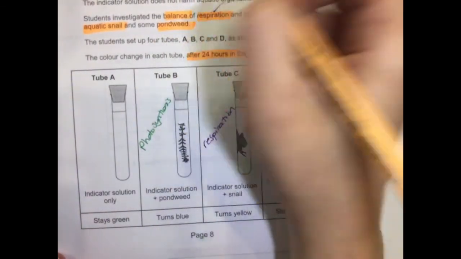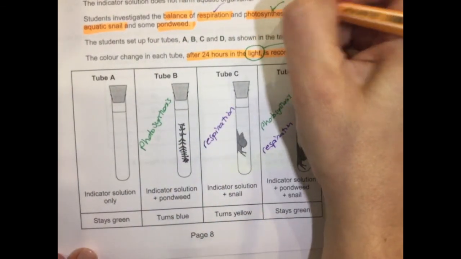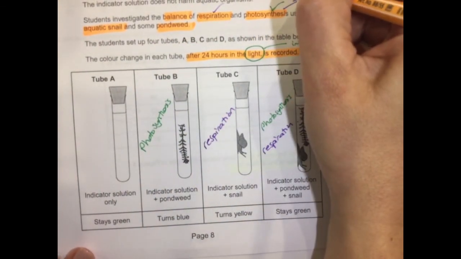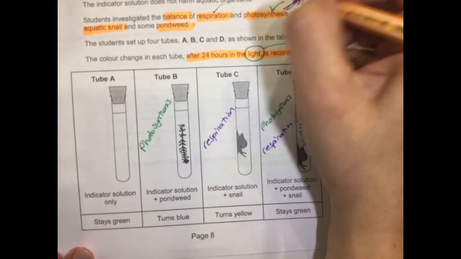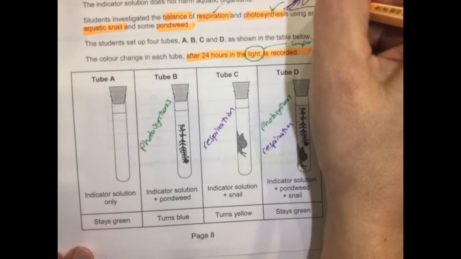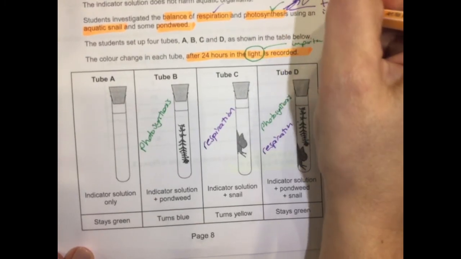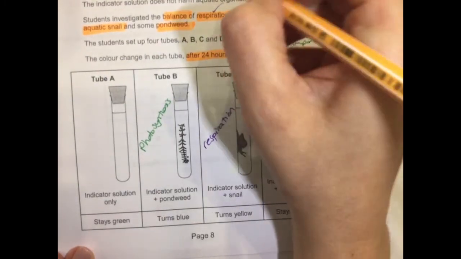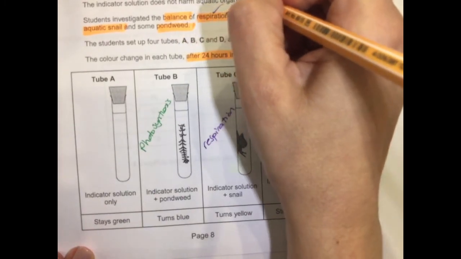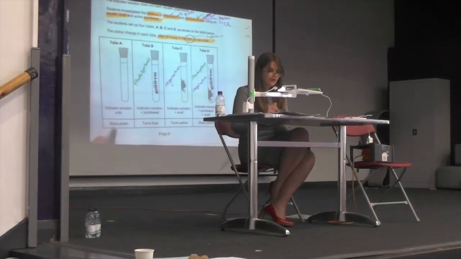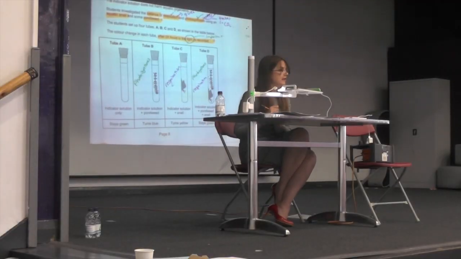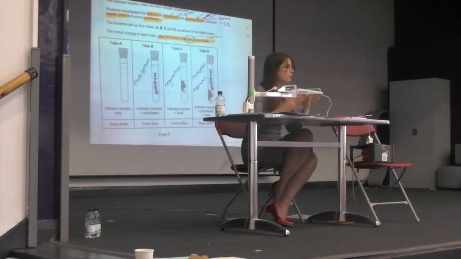Photosynthesis takes in CO2 and gives off O2. Respiration gives off CO2. Now, why have I got this one here on its own with nothing in it? What do we call it when we've got one thing that we don't change anything in?